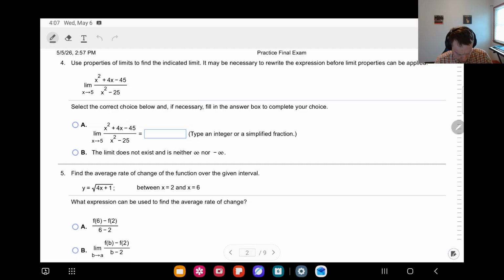Okay, let's try another one. So similar thing, you want to factor the polynomials because if you just try to plug in 5, you'll see it's not going to work. Right here we'll get 25 plus 20, that's 45, then minus 45, so that's 0 over 0. Okay, so we're going to have to factor again. So what does that numerator factor into? The denominator we've already seen is x minus 5 times x plus 5.